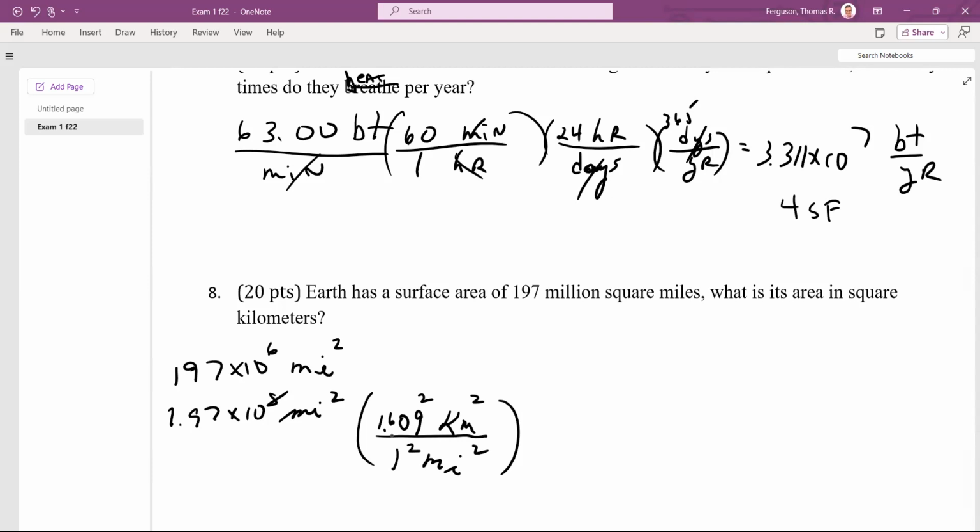I did not square the 1.97 because that's what we were given. It's already in square miles. You don't have to convert anything there. But I modified this conversion factor.